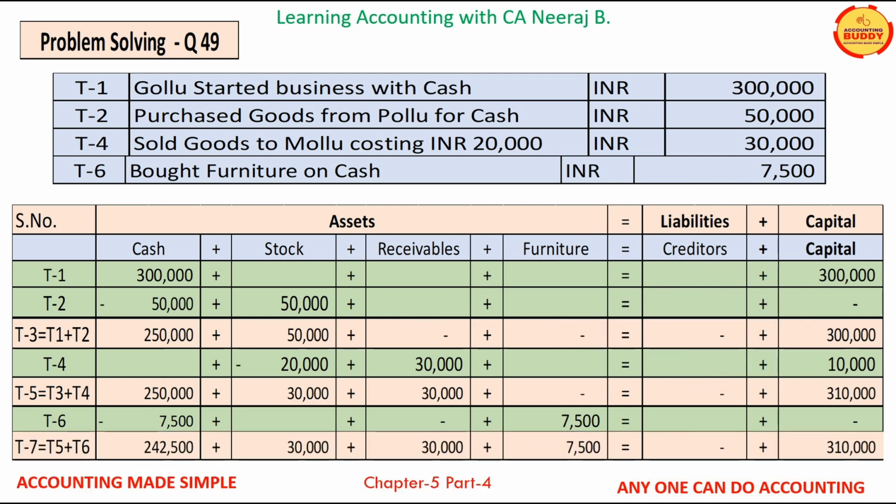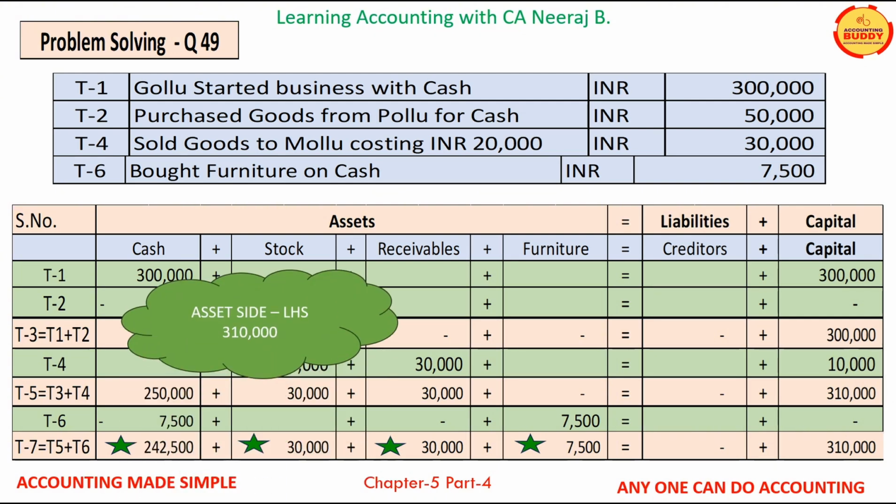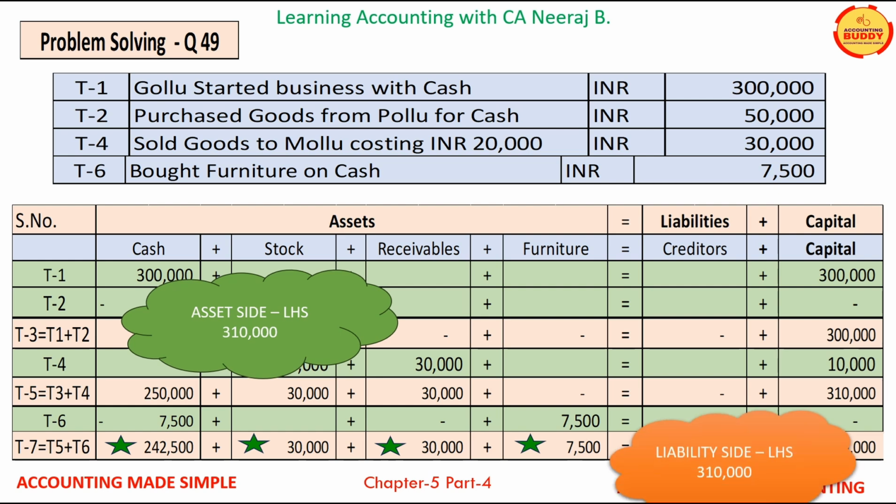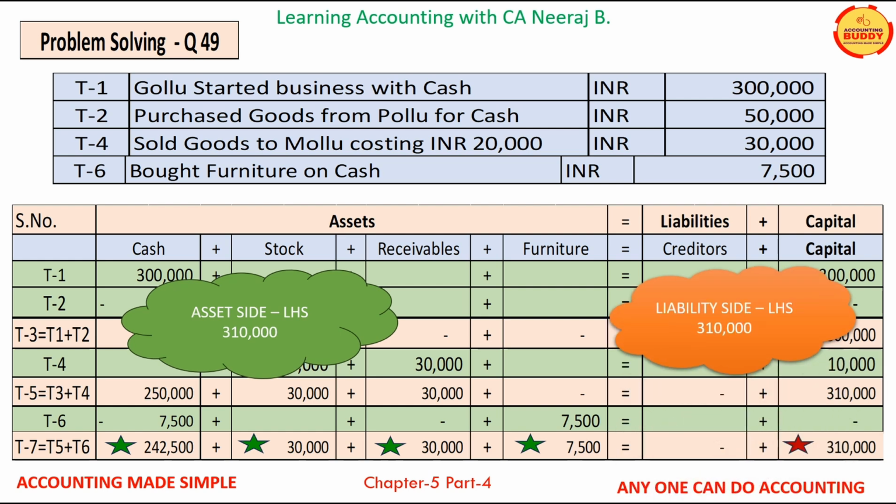Now post transaction T6, the new accounting equation will have cash 242,500, stock 30,000, receivables 30,000, furniture 7,500, totaling to total assets of 310,000 on the left hand side, and we will have the capital of 310,000 on the right hand side of the accounting equation.